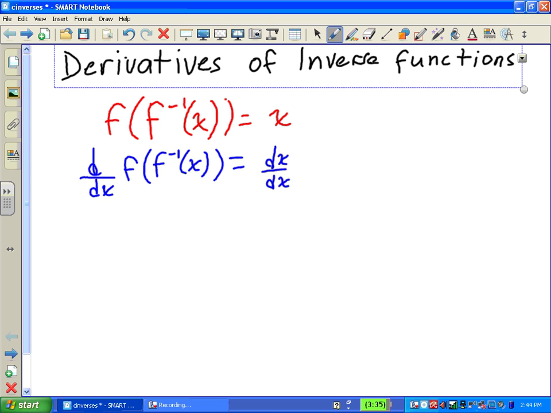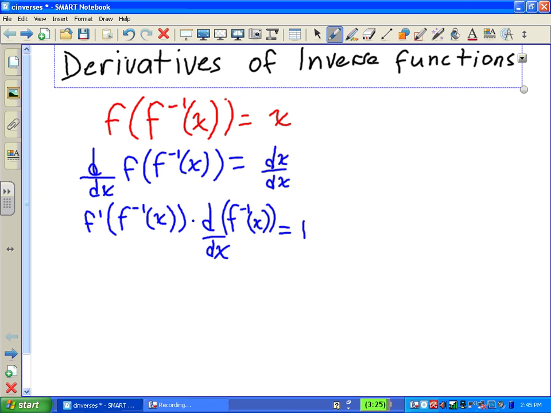By the chain rule, we have that this is f prime of f inverse of x times the derivative of f inverse of x with respect to x, and that equals 1.